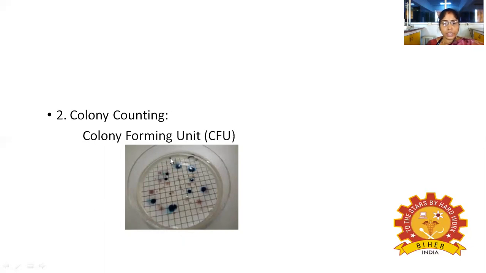Using a sterile L rod, if you are doing an L type of streaking, then it starts to form a colony. This can be visualized by staining, so that it gives you the number of cells as colony forming units. That's why we call it a CFU, a colony forming unit.